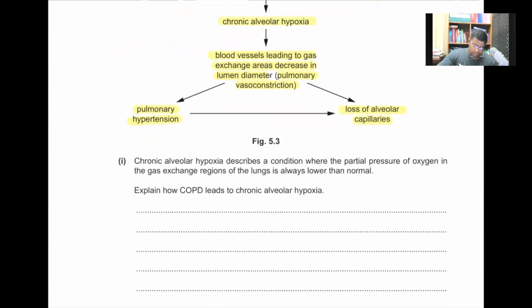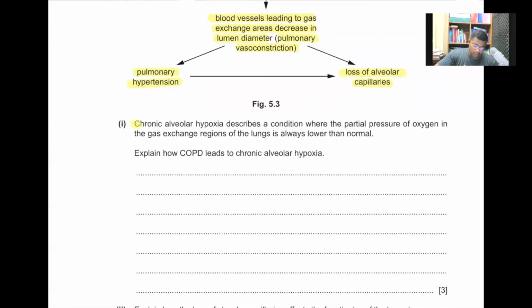Okay, so part 1. Chronic alveolar hypoxia describes a condition where the partial pressure of oxygen in the gas exchange region of the lungs is always lower than normal. Explain how COPD leads to chronic alveolar hypoxia. Okay, inflammation of respiratory airways builds up excess mucus, which decreases the lumen of the trachea, bronchus, and bronchioles. Alveoli are then unable to recoil due to loss of elastic fibers.